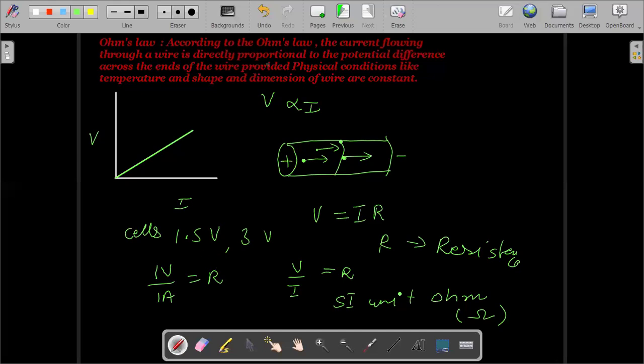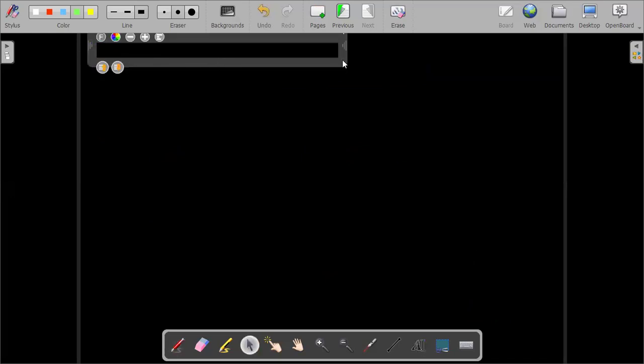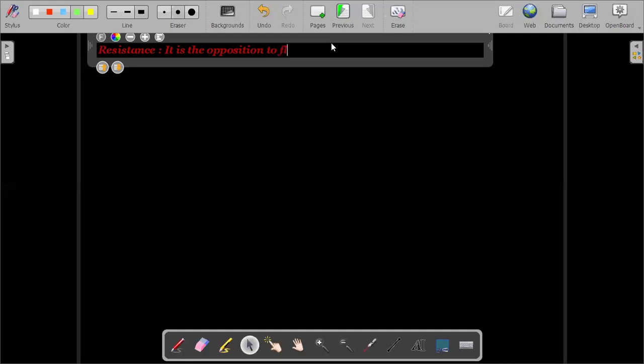So what is resistance, and what is 1 ohm? First we define the resistance of a wire. Resistance is the opposition to the flow of current.